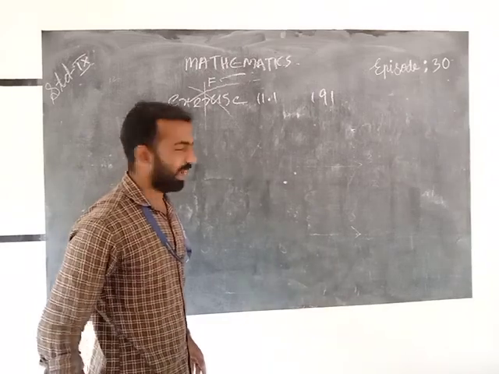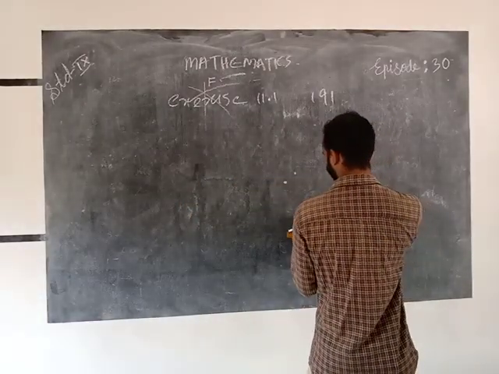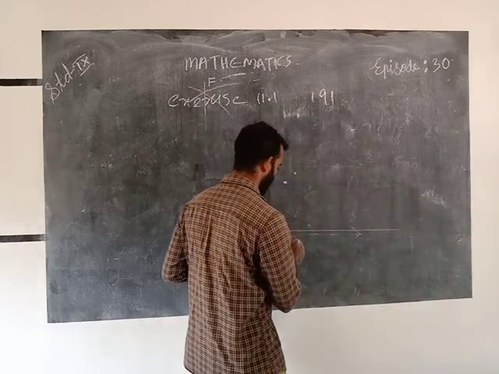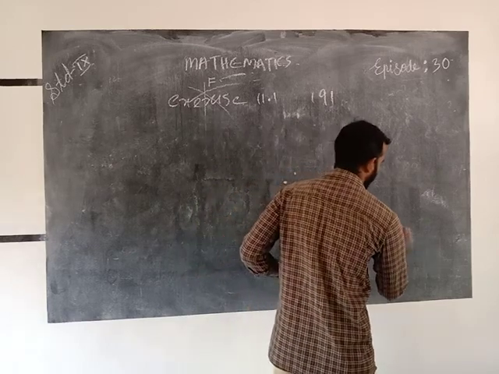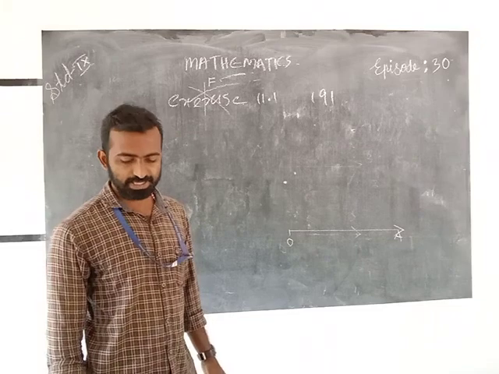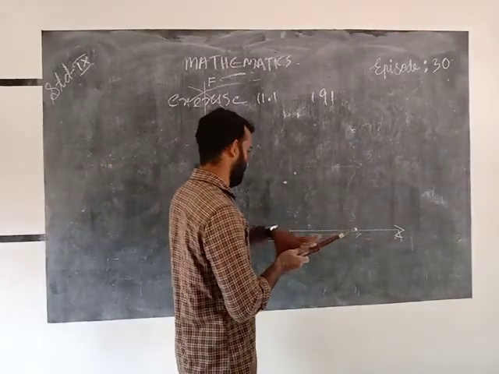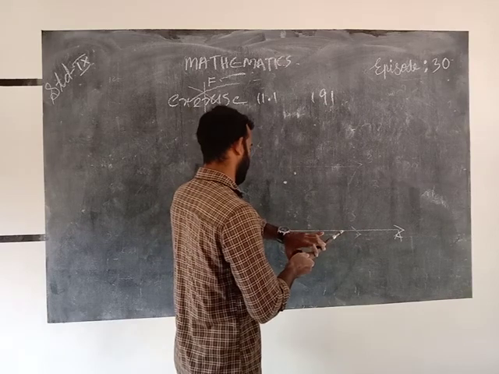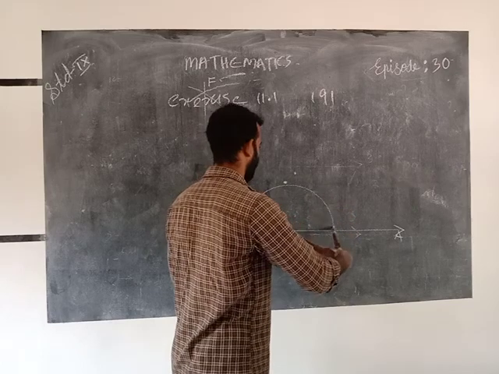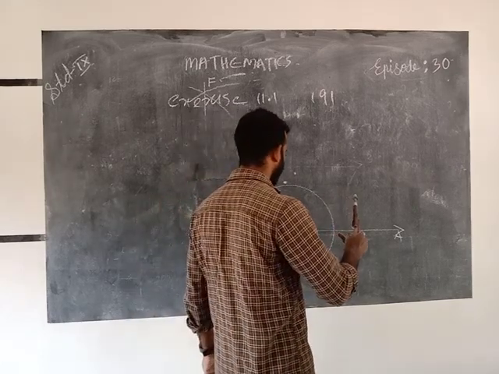First we draw a ray OA, and next we mark an arc and mark the points.